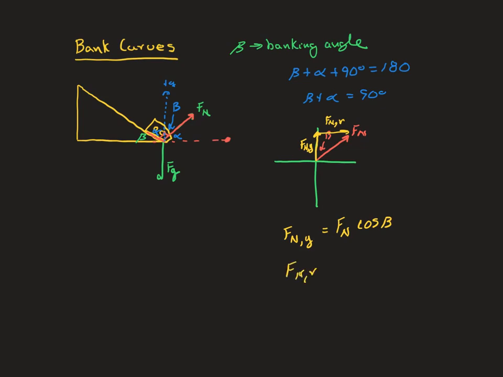Where force normal in the radial is opposite to beta, so we're going to use the hypotenuse, which is the magnitude of the vector, times the sine of that banking angle. So it's very similar to the force of gravity in inclined planes, where the trig functions seem like they're reversed.